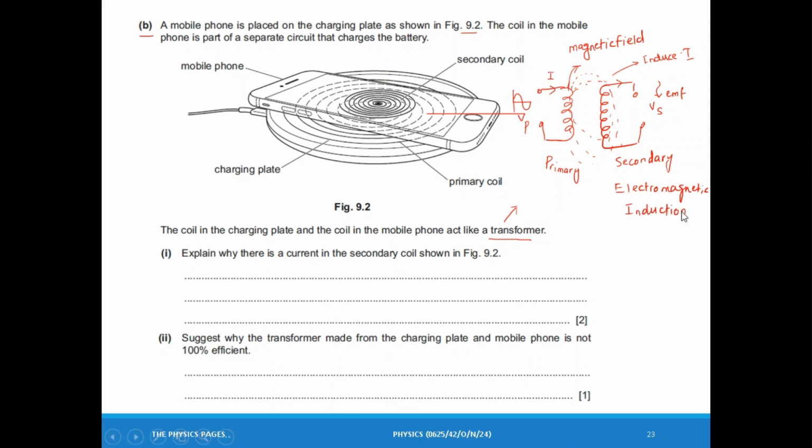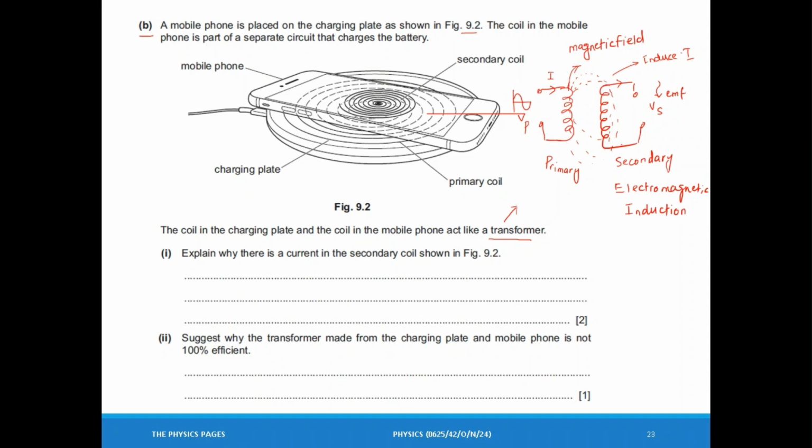Electromagnetic induction is when the current changes in the primary coil, due to which a magnetic field is produced in the primary coil. This changing magnetic field induces a current and EMF in the secondary coil.